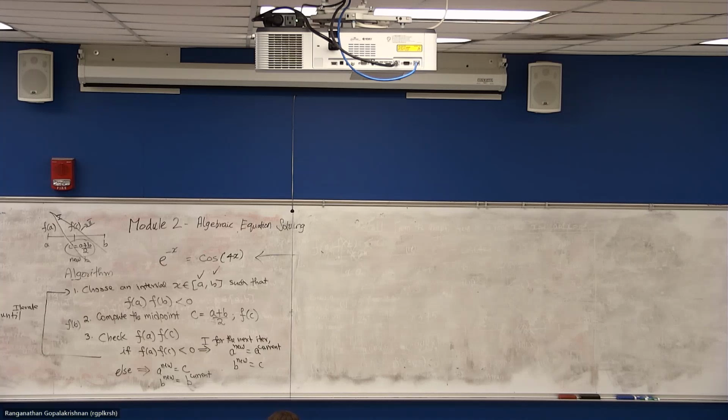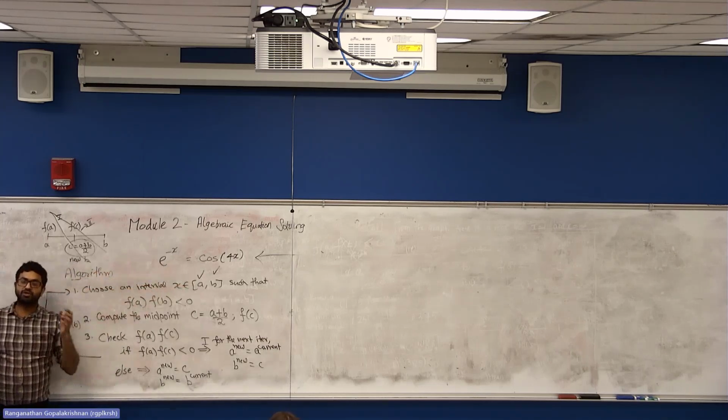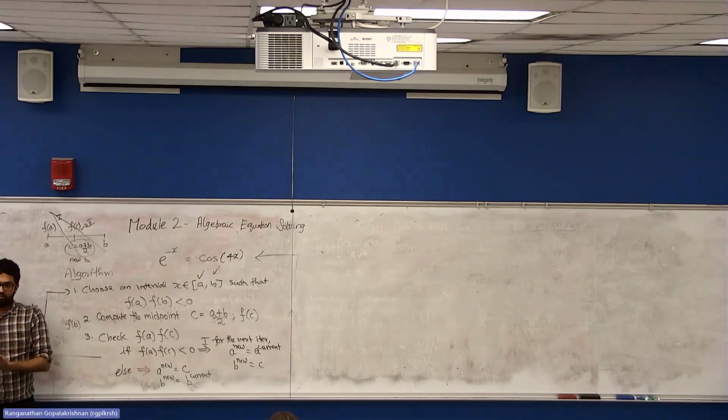Until the difference A minus B is within a certain tolerance. So we'll say epsilon is a chosen tolerance. Suppose I tell you solve this equation and get me an answer within 0.001. So epsilon will be 0.001. You will iterate until that condition is met.